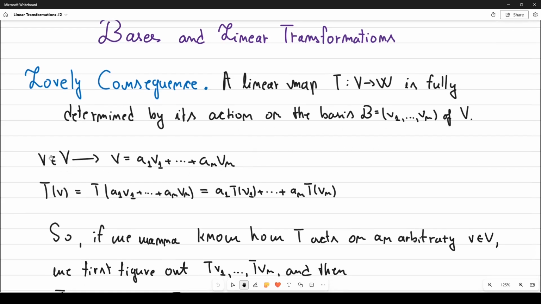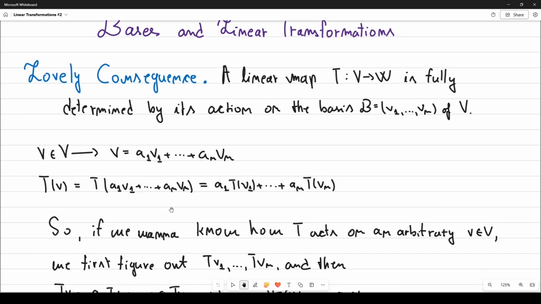Well, let's take some arbitrary vector v in V, and due to V having a basis, we can write v uniquely as this linear combination. Now, if I want to know what T does to my vector v, so I want to figure out where T sends it, well, T of v is equal to this, and now using the properties of T being a linear map, we can do the sum, and then we can pull out the scalars, so we get this result.